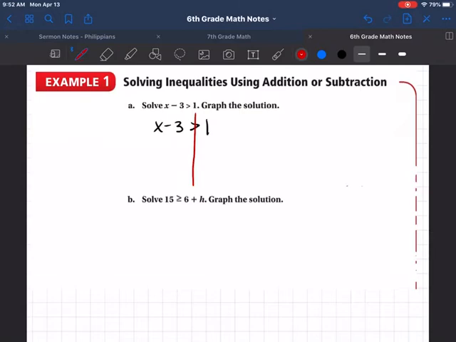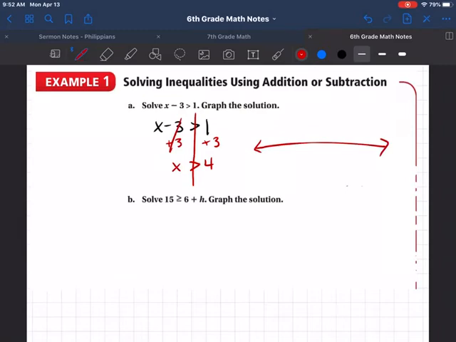In order to get rid of minus 3, the inverse operation is plus 3. Some of you are like, hurry up, I get this, and I'm very happy if that's what you're thinking. So that leaves me with x on this side greater than 1 plus 3 is 4. Now all I have to do is graph it.